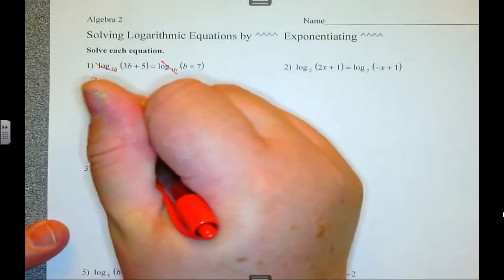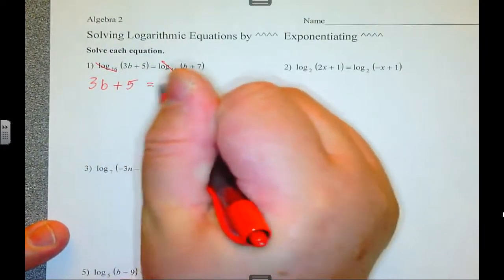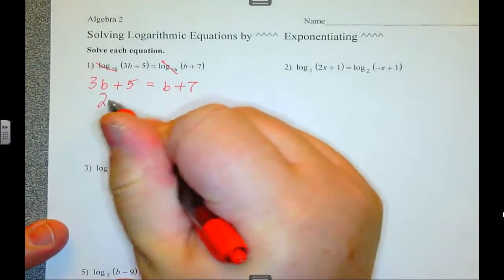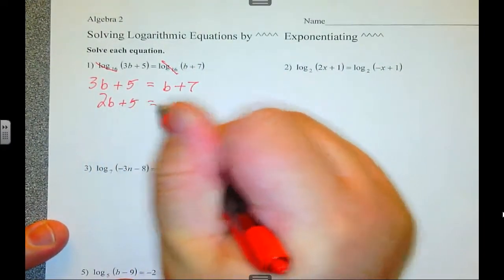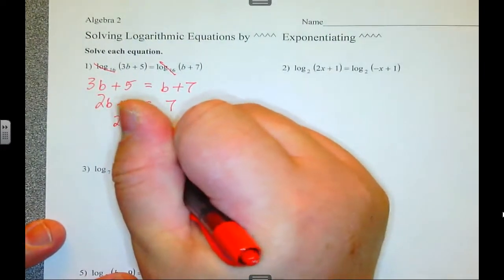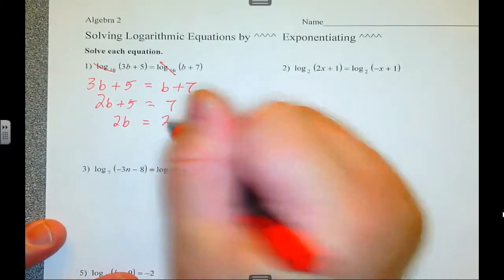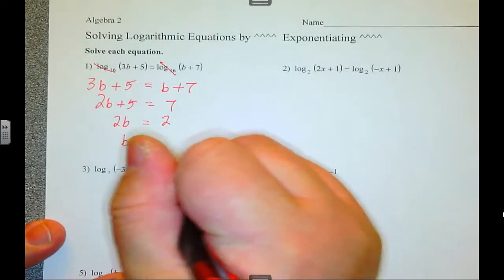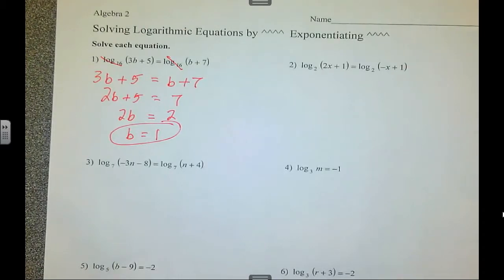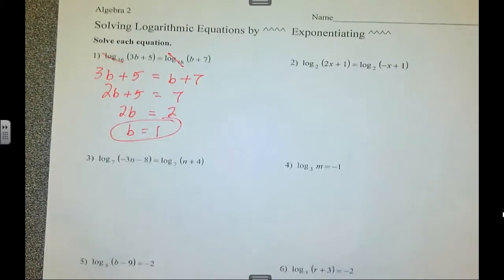So I have 3b plus 5 equals b plus 7. Subtract b from each side. 2b plus 5 equals 7. Subtract 5 from each side. I get 2b equals 2. Divide by 2. So b equals 1.